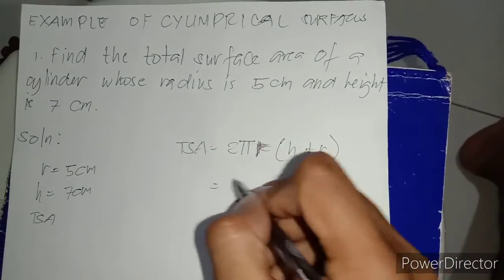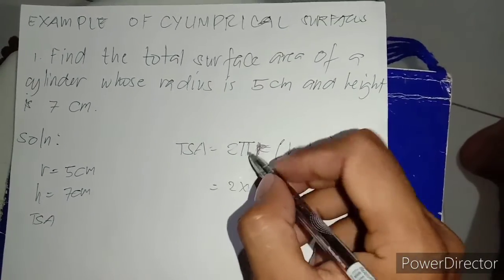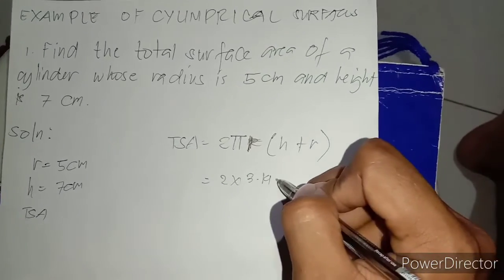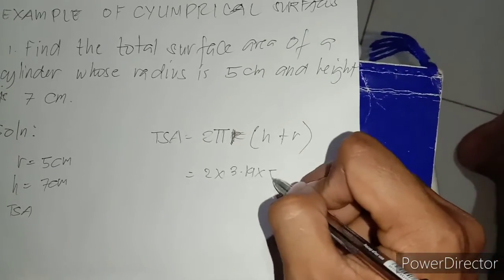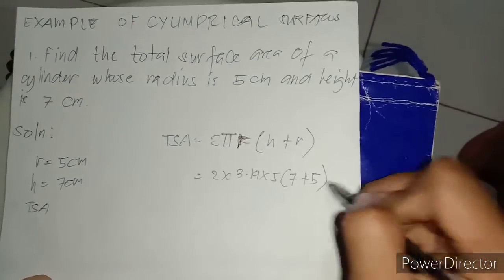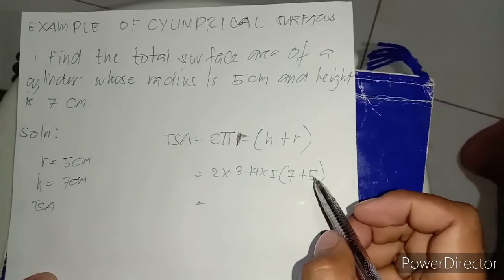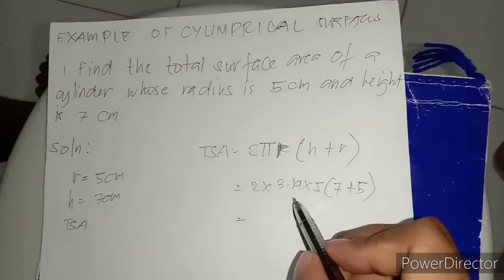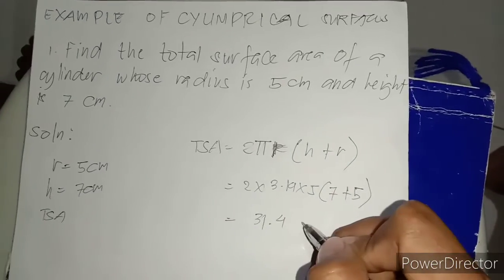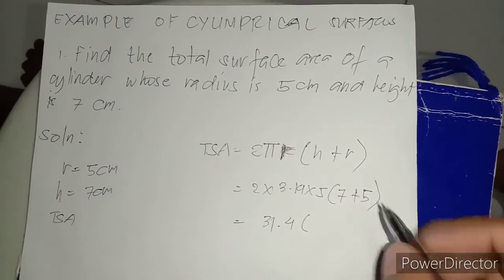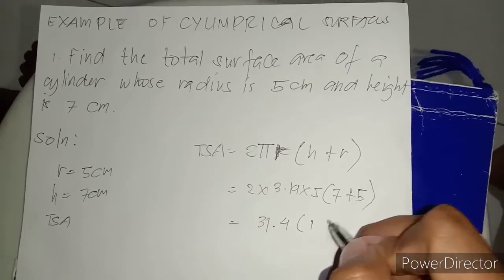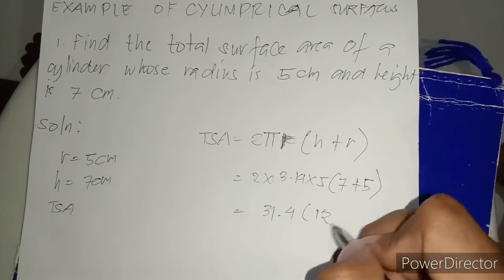So 2 times pi, which is 3.14, times r is 5, times height, which is 7 plus 5. So 2 times 3.14 times 5 is equal to 31.4, times 7 plus 5, which is 12.